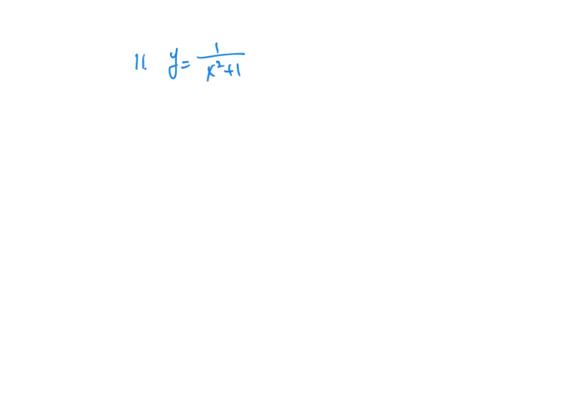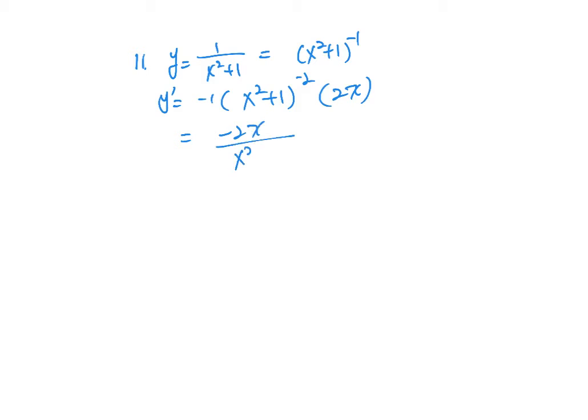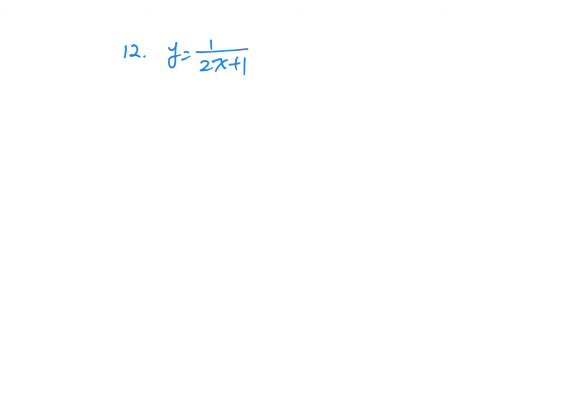For this question, I'll probably manipulate it to x squared plus 1 to the negative 1 power. I don't want to do quotient rule, so I'd rather do the power rule. Lose 1 power, and then multiply by the derivative inside the parentheses, 2x. Then I just have negative 2x all over x squared plus 1 squared. And I believe that is the answer. And yes, it is.